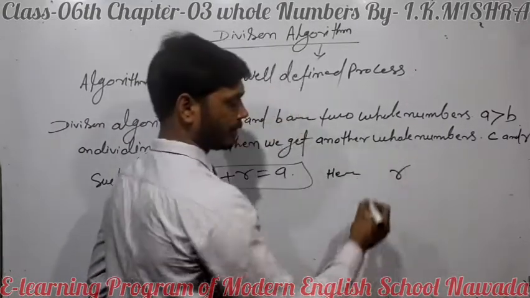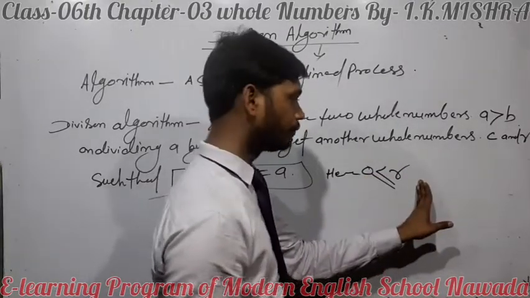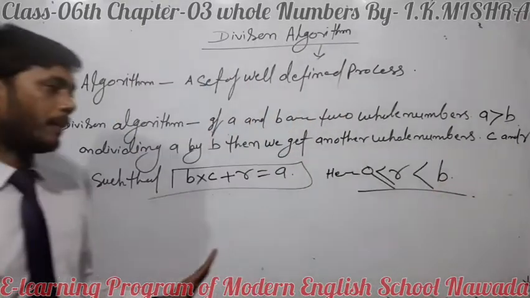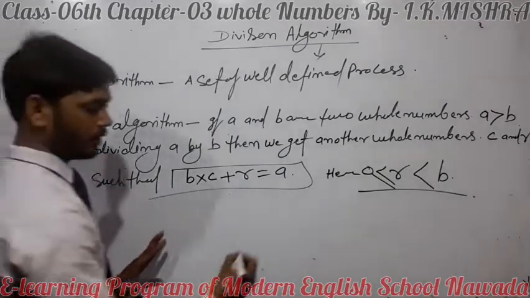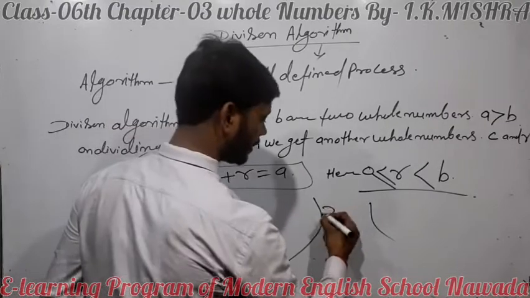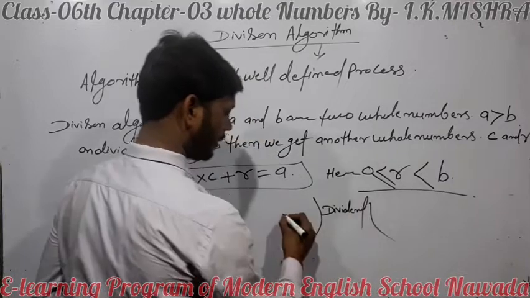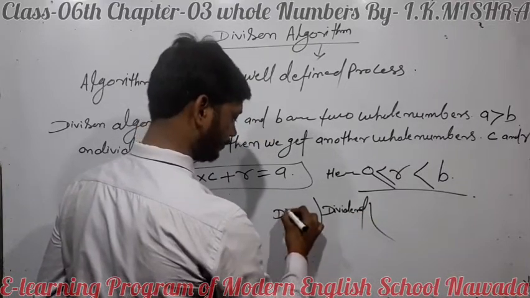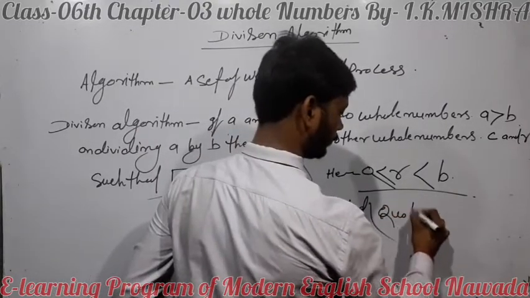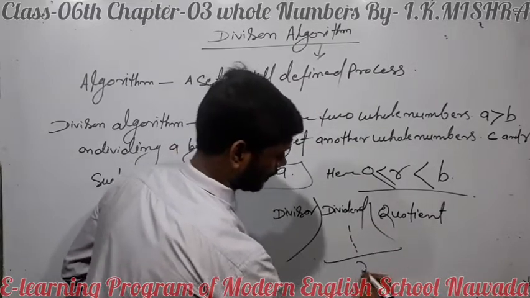Here R is equal to 0 or greater than 0 but less than B. That means you write it in this form: here the dividend, here the divisor, here the quotient, and here the remainder.